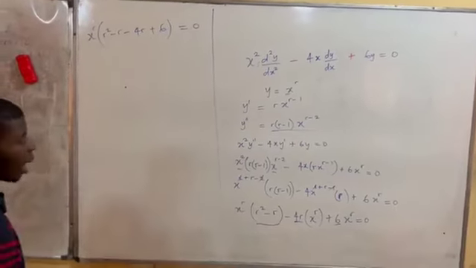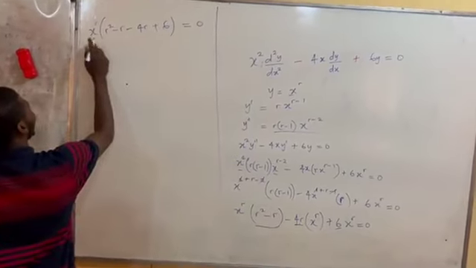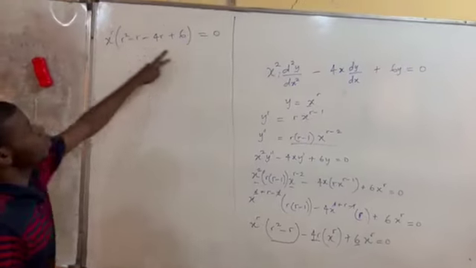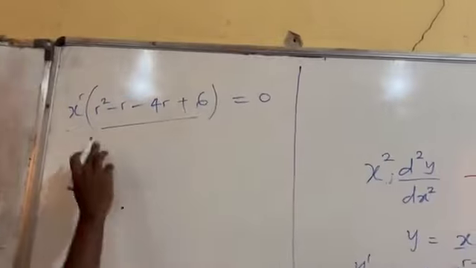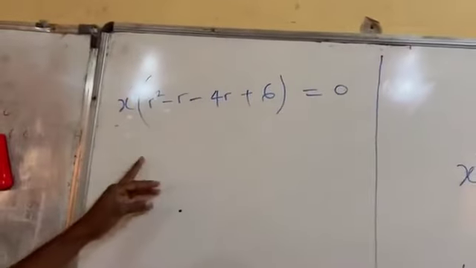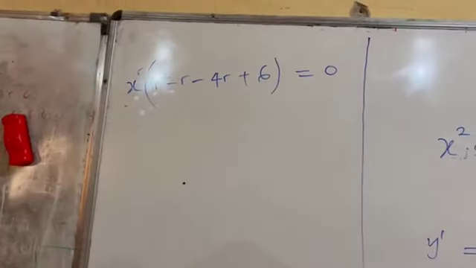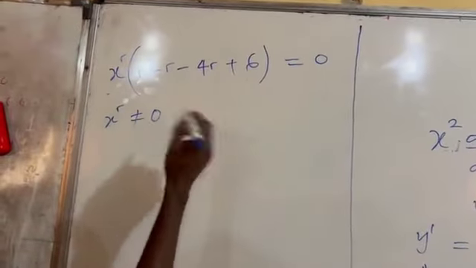Equals 0. And we know from normal reasoning that it's either x to the power of r equals 0 or this total expression equals 0. However, x to the power of r can never be 0 for any given value of x or r. So x to the power of r equals 0 is an extraneous solution.